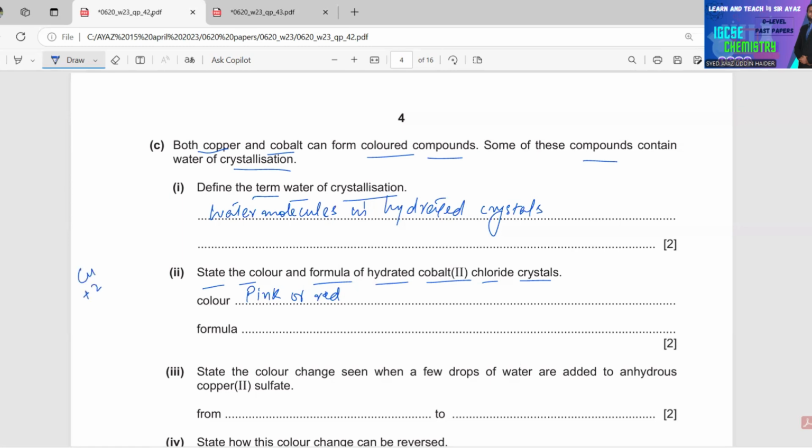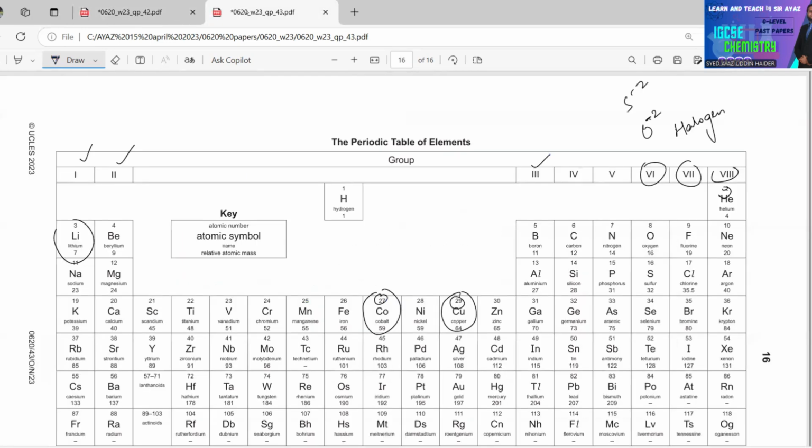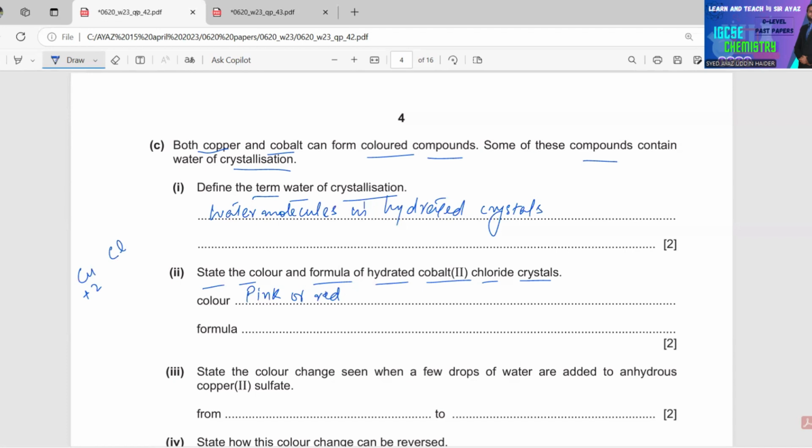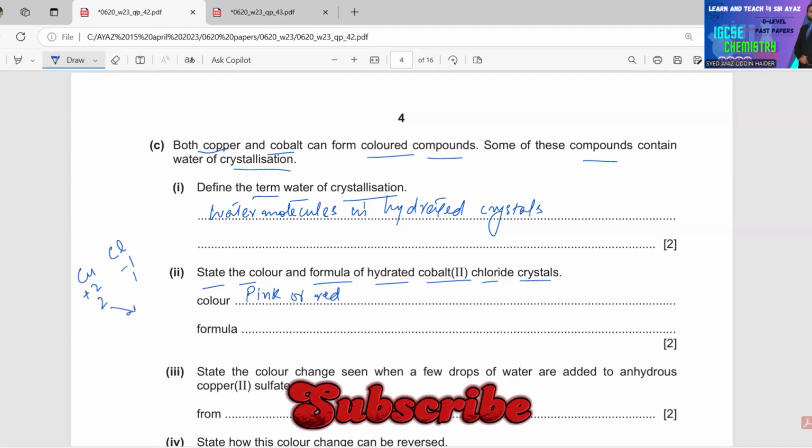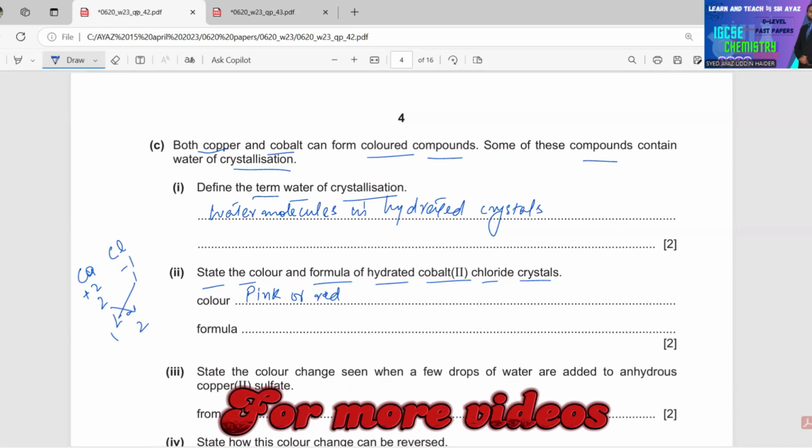Cobalt +2. And chlorine, it's in group 7. Here is chlorine. Valency is -1. So I will write -1, ignore the charges. These subscripts will be exchanged. So you will get, sorry, Co is the symbol for cobalt, not Cu. CoCl2.